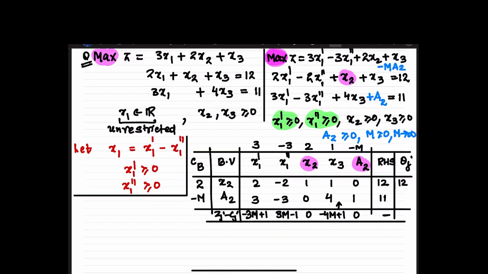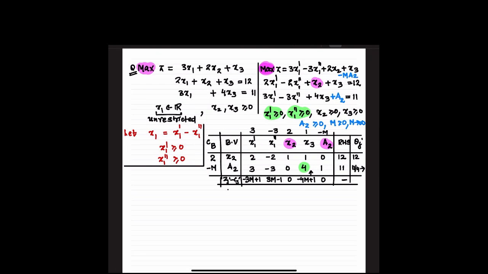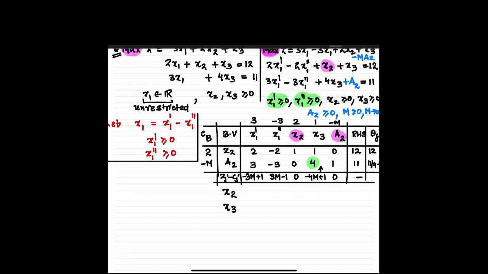This is 11 by 4, which is smaller. So this is leaving. So what variable is leaving? The pivot is 4. So x2 remains, a2 leaves, and x3 enters. x2's coefficient is 2 and x3's coefficient is 1.